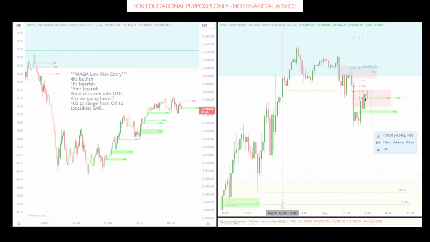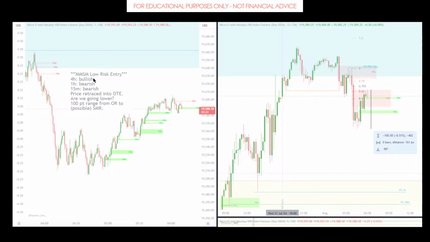Then we were climbing back up into the SIBI, and my question was, are we seeing the beginning of a market maker sell model over here? This is a measuring line, which shows us that from here to here is 100.5 points.